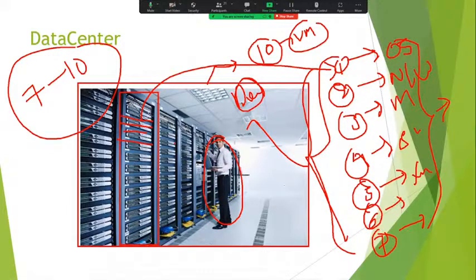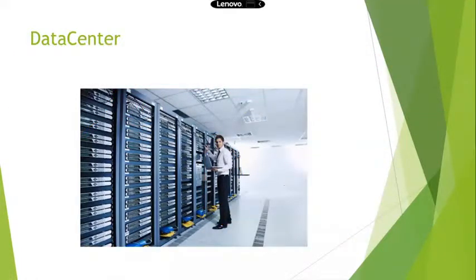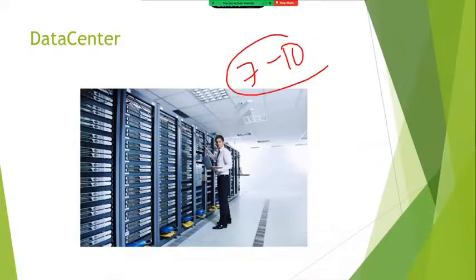Then installation, configuration, management, verification, and checking security vulnerabilities. To do all these things, it will take a minimum of 7 to 10 days. This is a burden to the organization. If it takes 7 to 10 days, it is very difficult. Nowadays, everything is happening instantly, right?